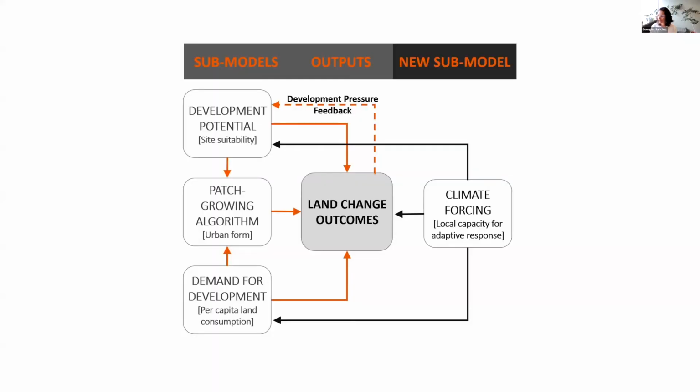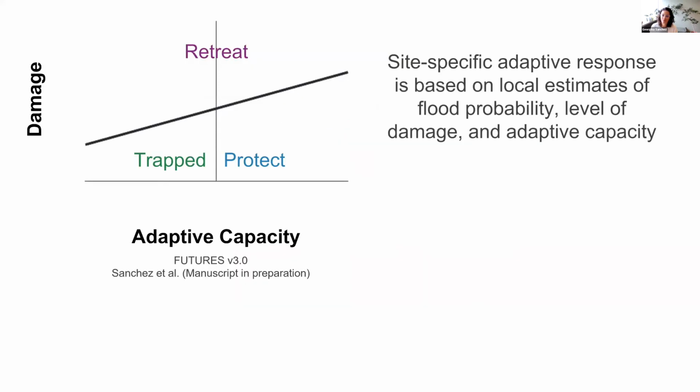I showed you a version of this graph before, the Futures conceptual framework. Here you can see how we develop and integrate a brand new climate forcing submodel. This submodel was designed to estimate the probability that a developed location will experience flood damage and its likely adaptation response. At the core of the climate forcing submodel, we have a customizable flood response function to capture the range of human behaviors likely for specific areas.